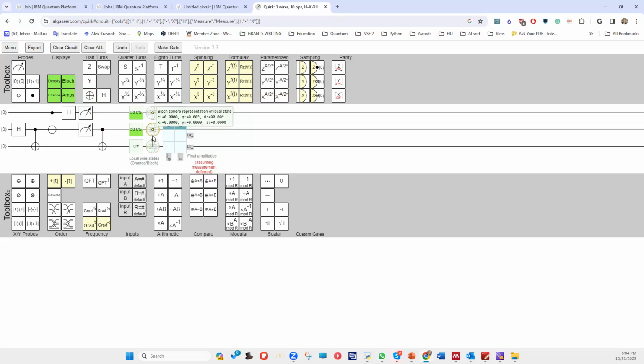So if the result is 0, then this X gate doesn't work. If the result is 1, then it applies the action of this X gate. So it works only if the control is 1.